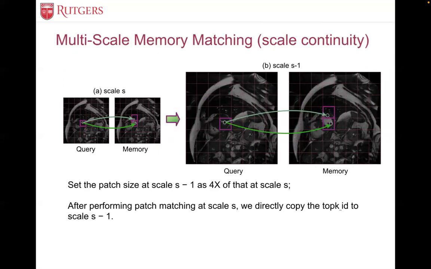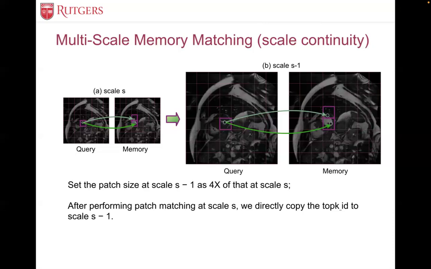The second contribution in this work is a multi-scale memory matching scheme, where we make use of the scale continuity. In the key encoder, in two consecutive scales, we set the patch size at the lower scale as 4 times that at the higher scale. And we always start the query memory matching at the bottom of the key encoder.